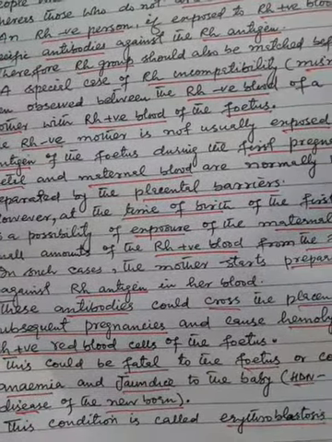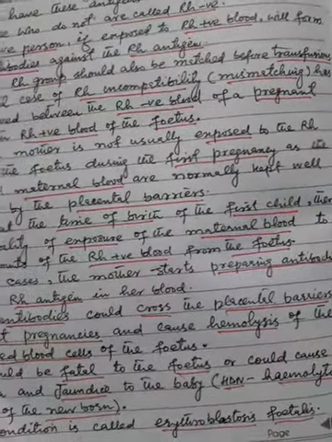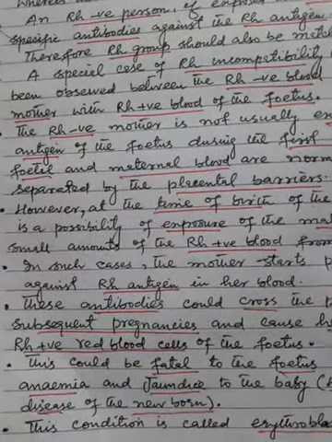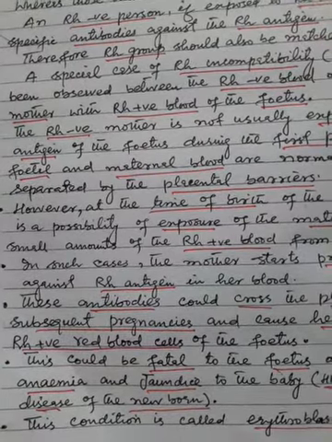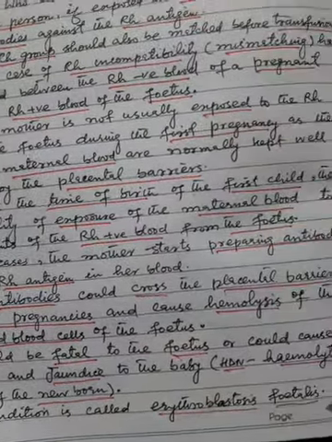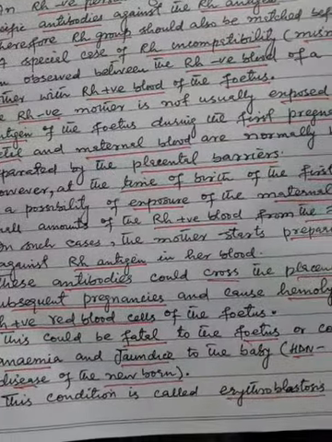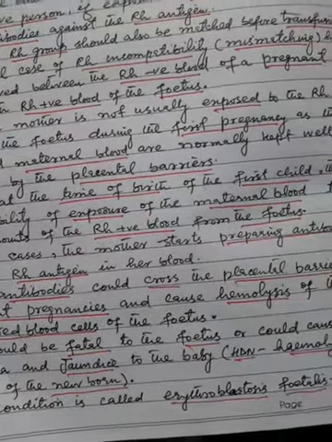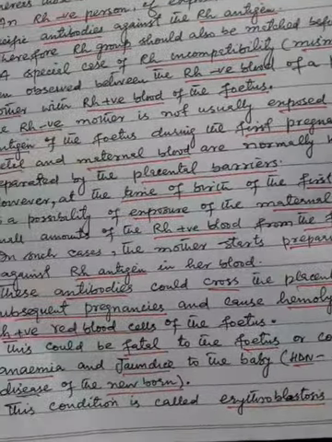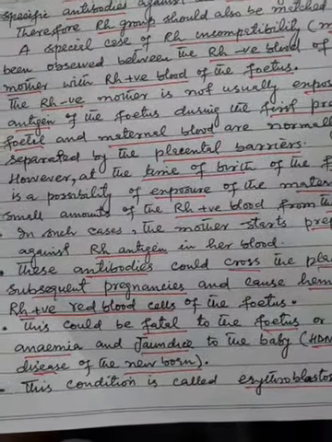In such cases, the mother starts preparing antibodies against the Rh antigen in her blood. These antibodies could cross the placental barriers in subsequent pregnancies and cause hemolysis of the Rh positive red blood cells of the fetus.